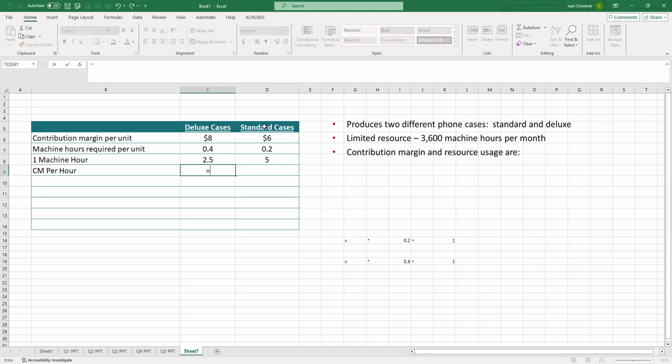That will be 8 times 2.5. And the other one will be $30.